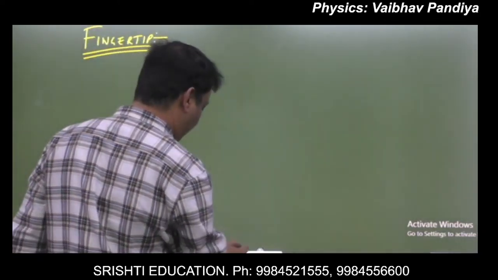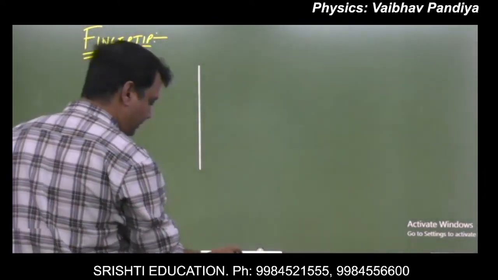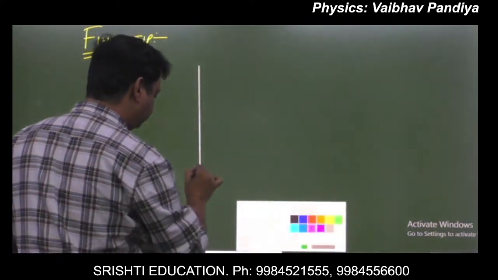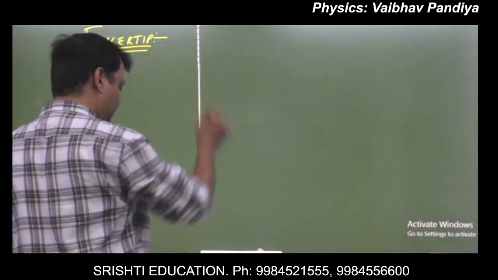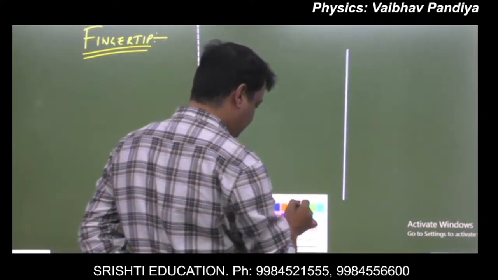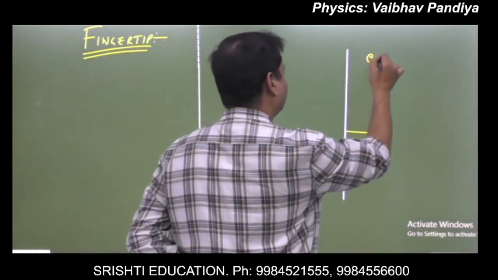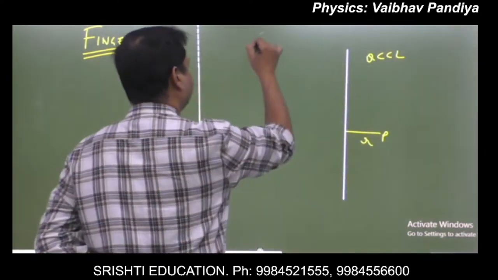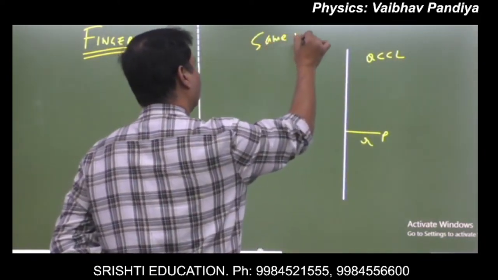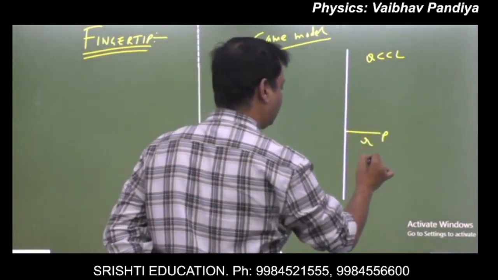Whenever we have an infinite line or we have a finite line, the point is somewhere near the center, and R is much less than the length of the rod, it is the same model. Tick.